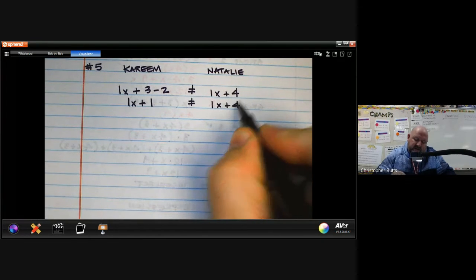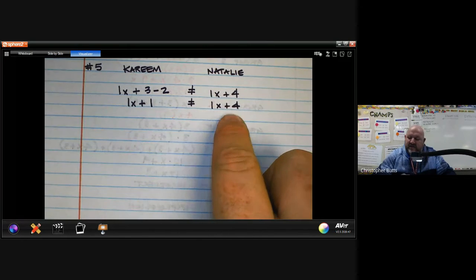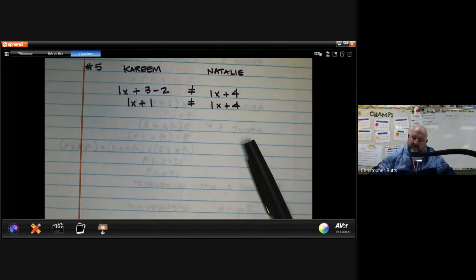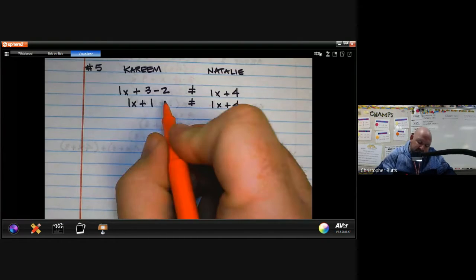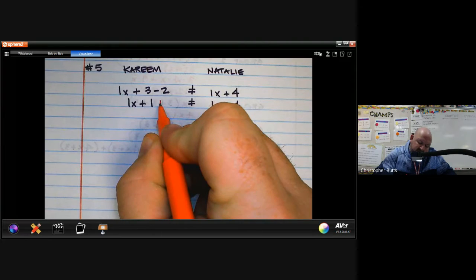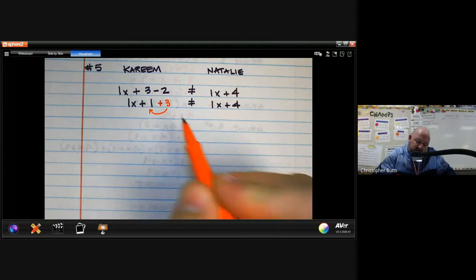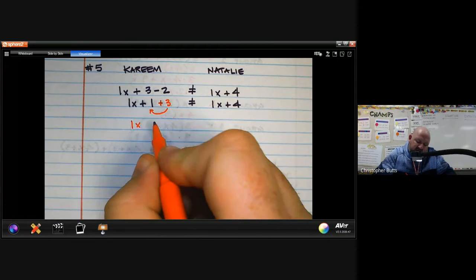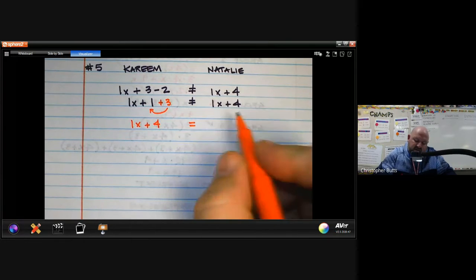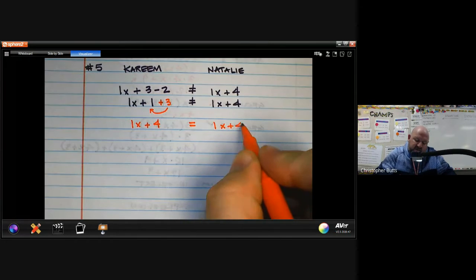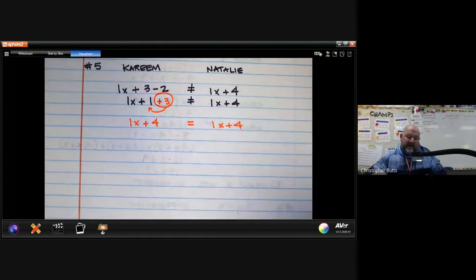So let me bring this one down side by side. 1x plus 1 is obviously not the same as 1x plus 4. But if I came over here to this side and I added 3 positives to this positive right here, then I would have 1x plus 4, and then it would be equal to 1x plus 4. So adding positive 3 made them equal.